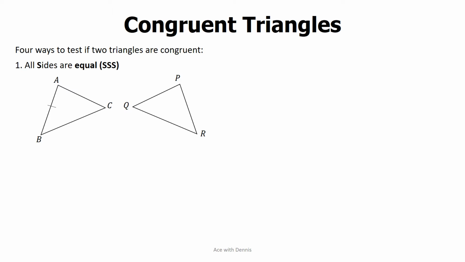To satisfy this property, AB must be equal to PR, AC must be equal to PQ, and BC must be equal to QR. If these 3 conditions are satisfied, then by SSS, triangle ABC is congruent with triangle PRQ.